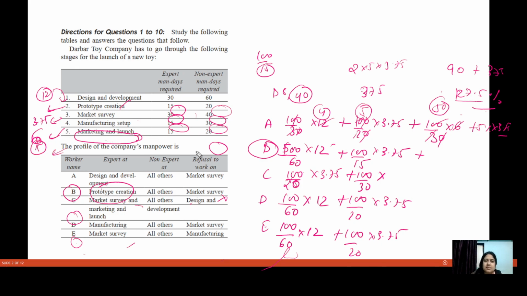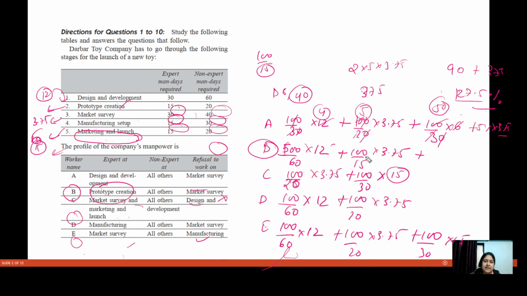Why? Because every other person is refusing. Nobody else is doing market survey, and these two people are experts, C and E. So 100 by 30 into 15 days they are taking. Here also you can add 100 by 30 into 15. Okay. Fine.